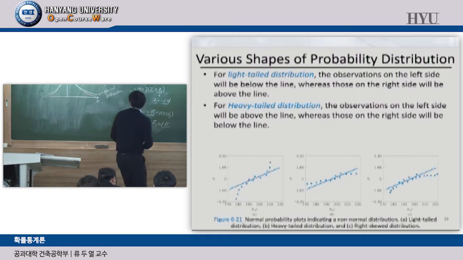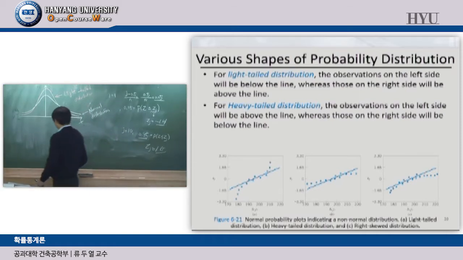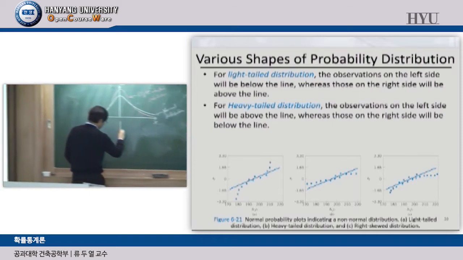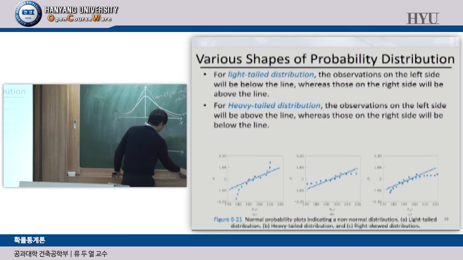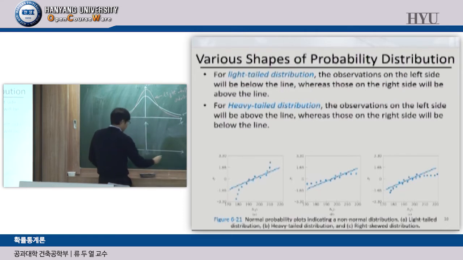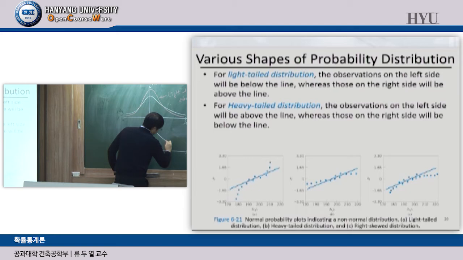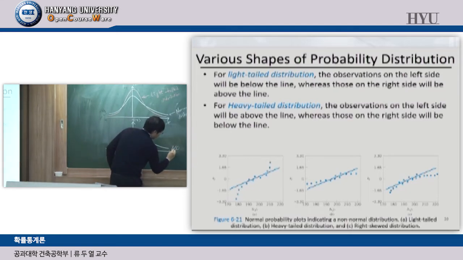And for this case, this is the x, and this is the probability density function. And we have this kind of normal distribution, okay? This is the normal distribution.